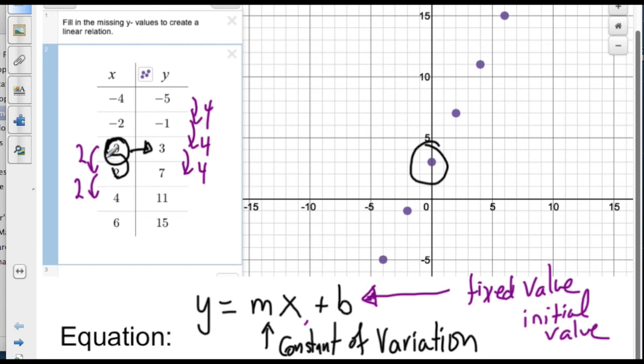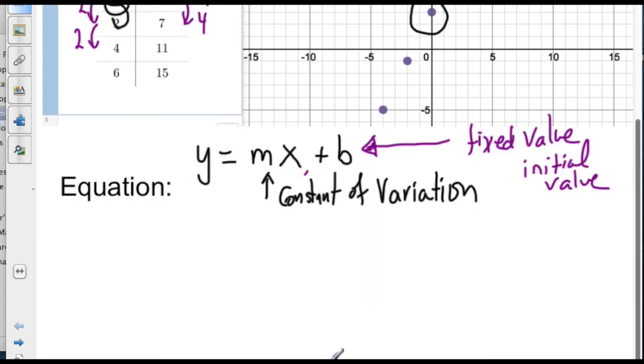So every time x goes up 1, y must go up by 2. Our m in this case is 2, because we're taking that 4, the change in y, divided by the change in x, the 2. So our constant of variation is 2.